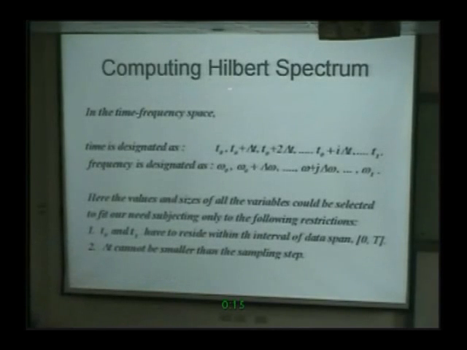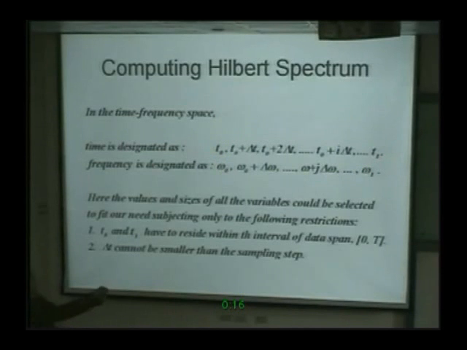Now, for the computed Hilbert spectrum, time is designated as T0, the beginning time, then delta T, and so on until the final T. Omega is the same, from omega 0 all the way to omega 1. This T0 and T1 are totally free for us to choose.